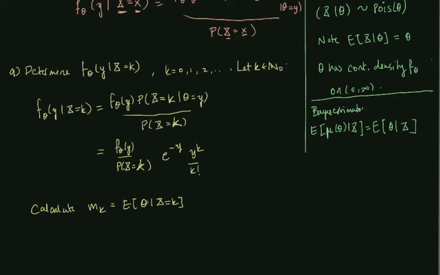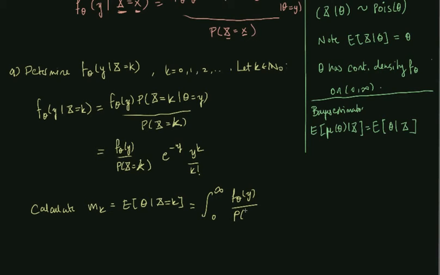Since we know that theta, given that x is equal to k, has exactly this density function here, what we want to do is to find the mean value of this theta. So theta lives from 0 to infinity, and we will plug in its density function.